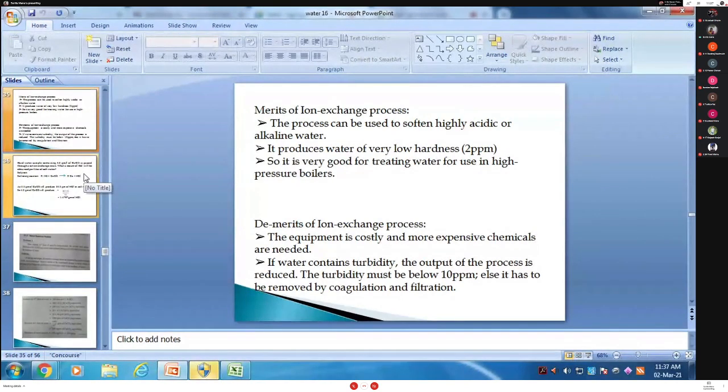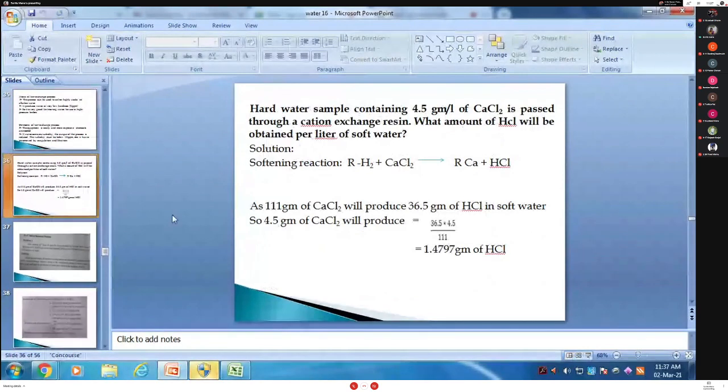The problem asks for 4 marks. Next, write down the problem based on the ion exchange method. A hard water sample contains 4.5 grams per liter of CaCl2 and is passed through the cation exchange resin. What amount of HCl will be obtained per liter of soft water?